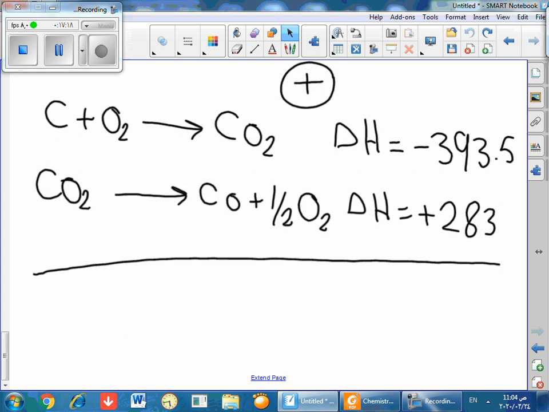To sum two chemical equations, we cancel the substance found in the product of chemical equation number 1 and the reactant of chemical equation number 2, and the reactant of chemical equation number 1 with the product of chemical equation number 2.